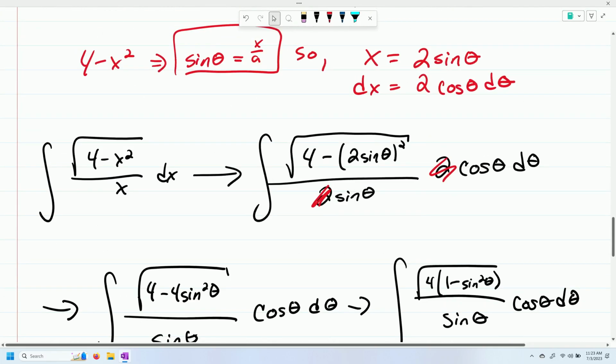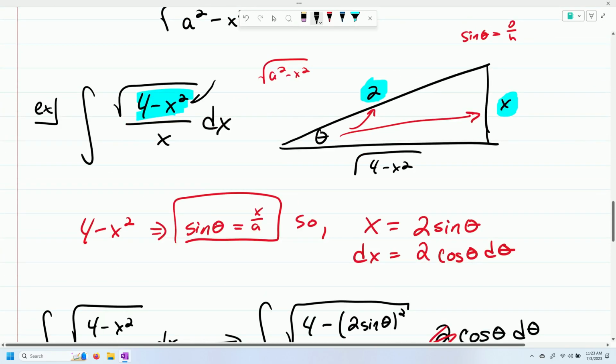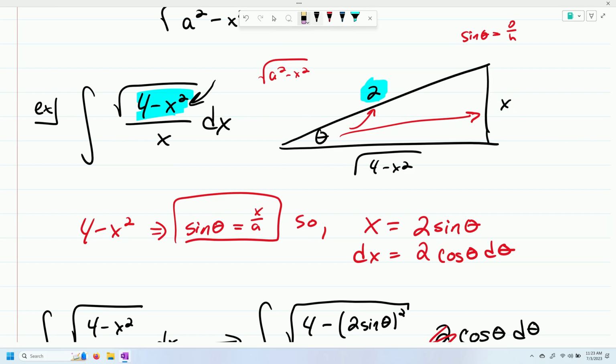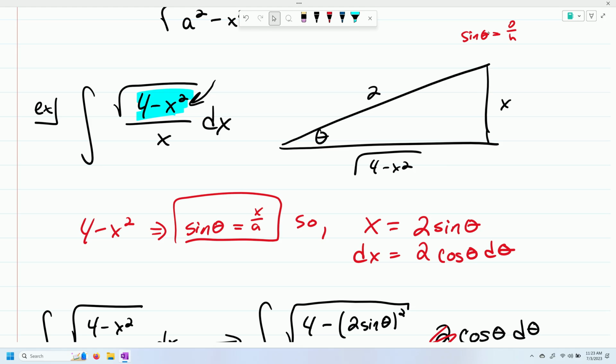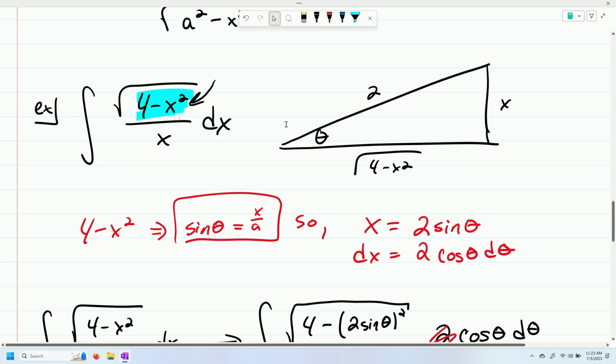It was given to us, though, in terms of x. So what do we have to do? You were absolutely right. I'm going to see if I can do this neatly. I'm going to copy and paste my right triangle that I drew all the way at the very beginning of the problem. Like I said, some people will do this towards the end, some people will do this at the beginning.